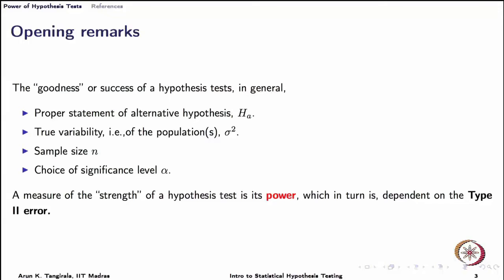So, the expressions that we look at will allow us to determine an appropriate sample size for a given significance level, power, and also the deviation of the truth from the postulated value, if any. Finally, we also have the choice of significance level.